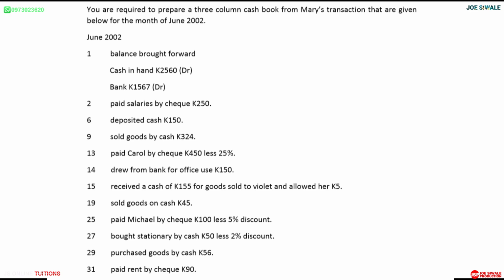Then on the 15th of June, received cash of 155 for goods sold to Violet and allowed her a discount of 5 kwacha. So received cash, that means that money was coming into the business, so we're going to debit the cash account. And since we allowed Violet a discount of 5 kwacha, we're going to record that 5 kwacha in discount allowed.